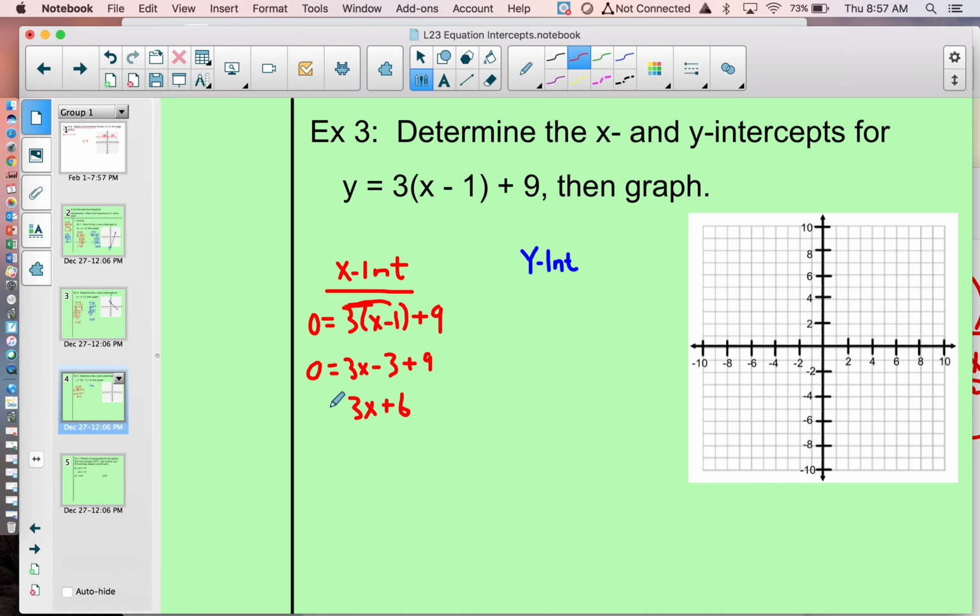Continuing on with solving this equation right here, all we got to do is get rid of that 6 right there. So we're going to subtract 6 from both sides. Again, keeping everything nice and orderly underneath the equation here. We subtract our 6. We get 3x.